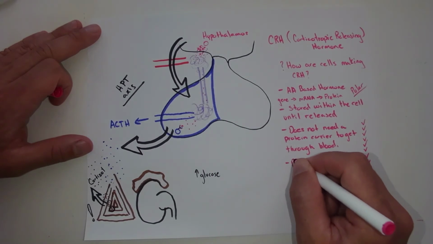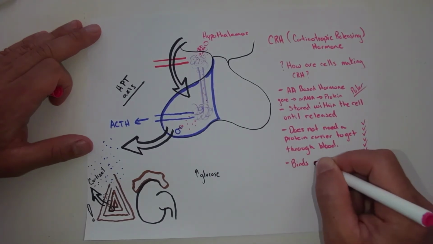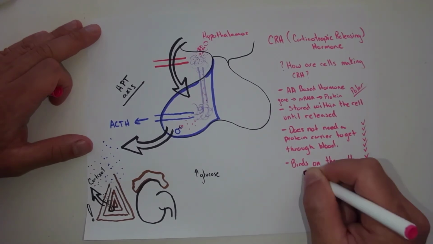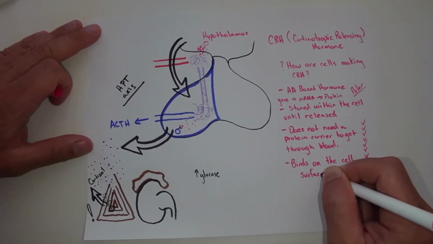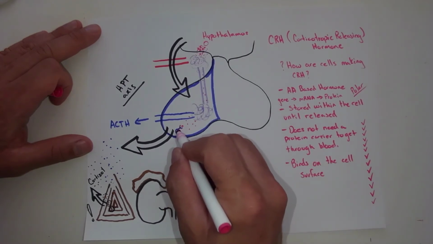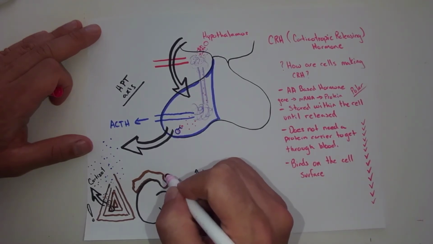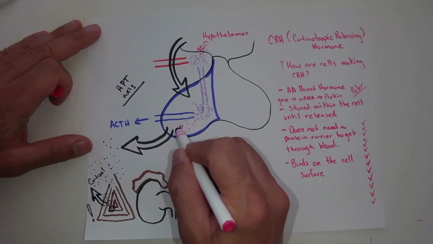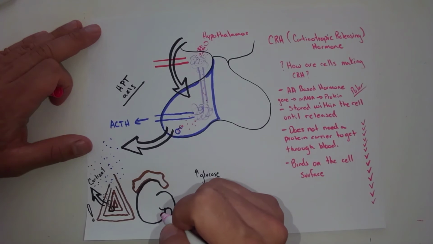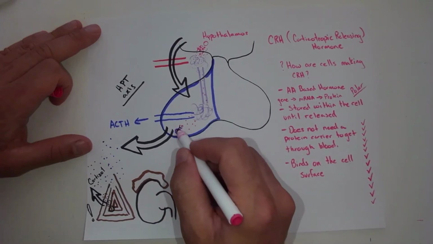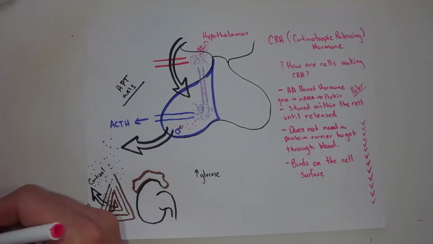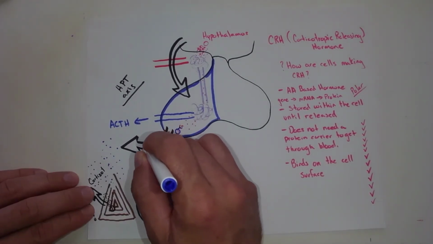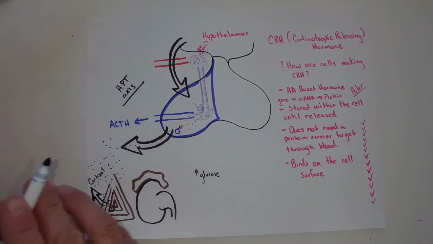It binds on the cell surface, on that lipid bilayer, to a second messenger system. Because it's polar, it cannot get through that plasma membrane. So it uses a second messenger system to cause ACTH to release from the anterior pituitary.